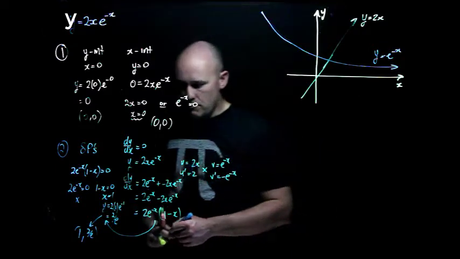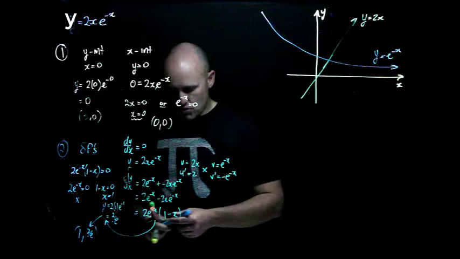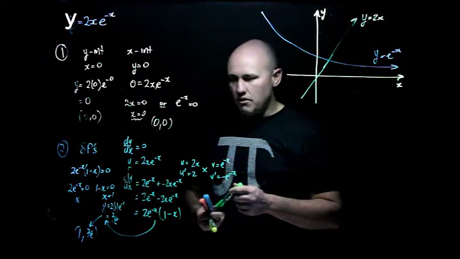Now the other thing I need to do is check to see if that's a minimum or a maximum. That's going to be important as well. So what I'm going to do is, I'll just quickly do that over here.